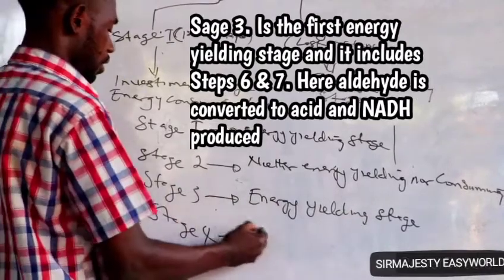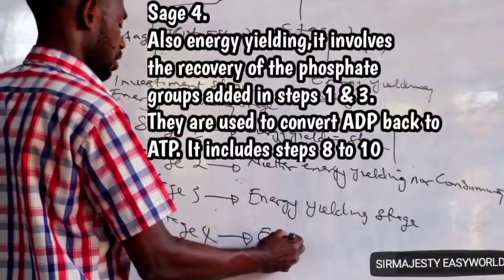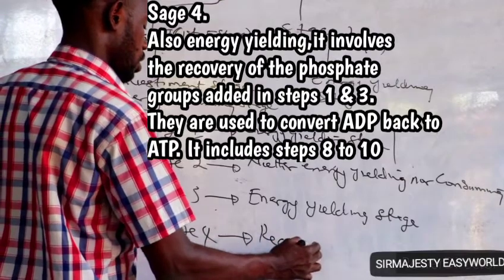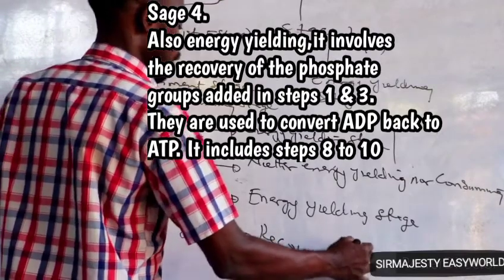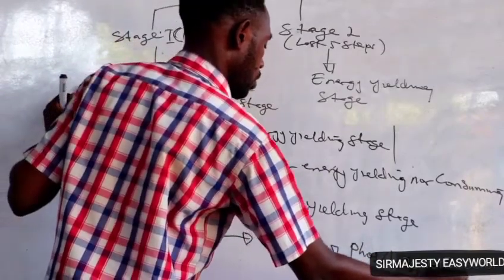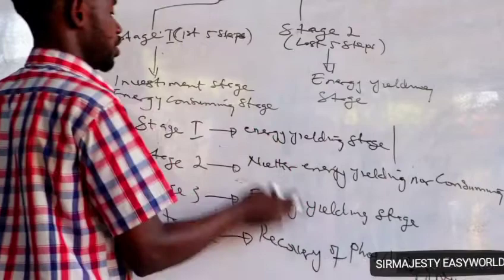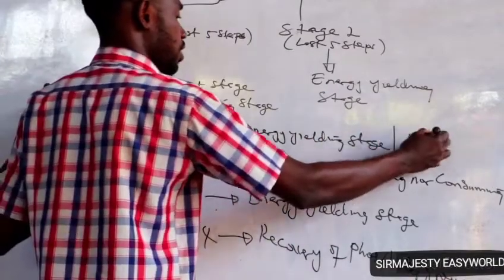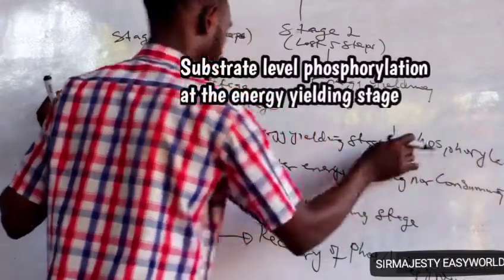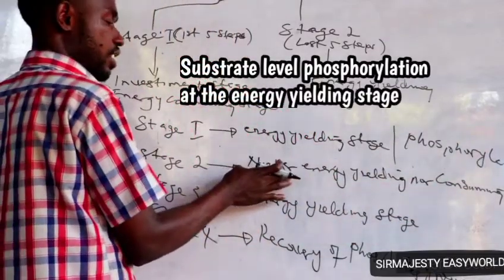Then the stage 4 is also energy yielding. But what matters is the recovery of phosphate groups. This is the phosphorylation stage. Then here is neither energy yielding nor consuming.